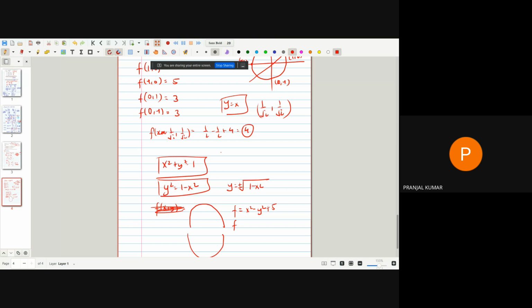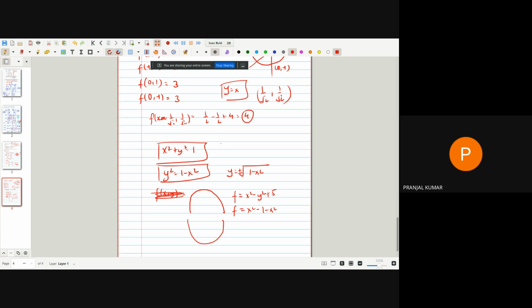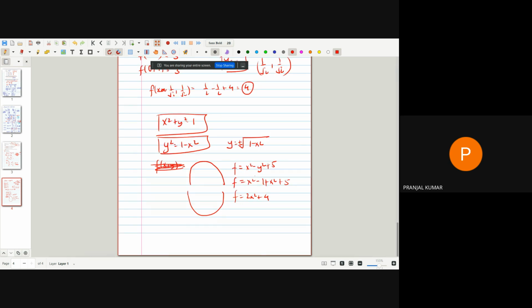Okay, x square minus (1 minus x square). So this will give you x square minus the square root of 1 minus x square, squared, plus 5. So this will give you 2x square plus 4. Correct? 2x square plus 4.